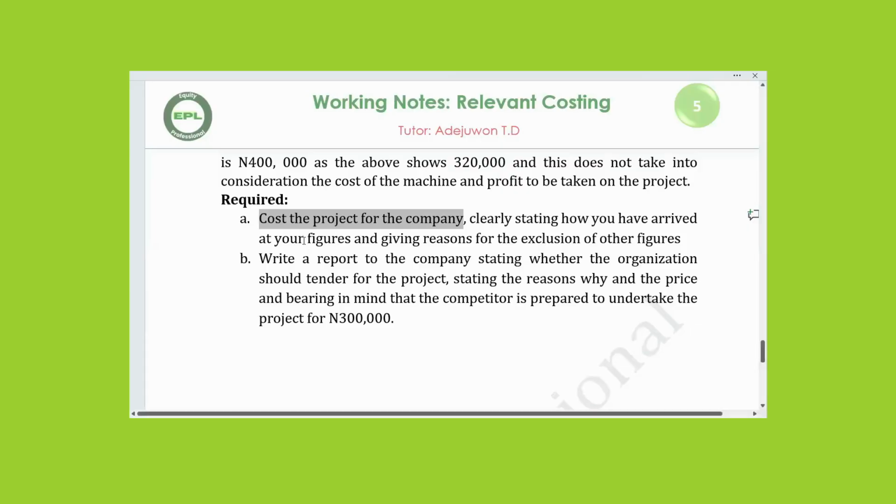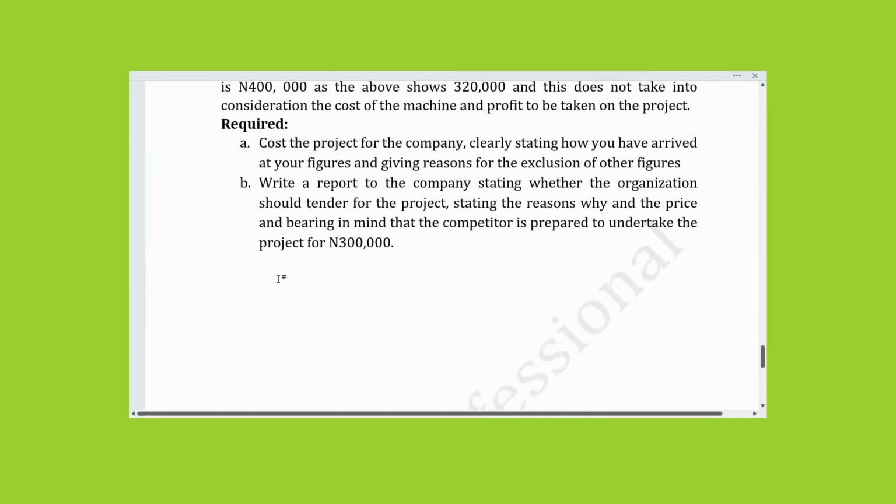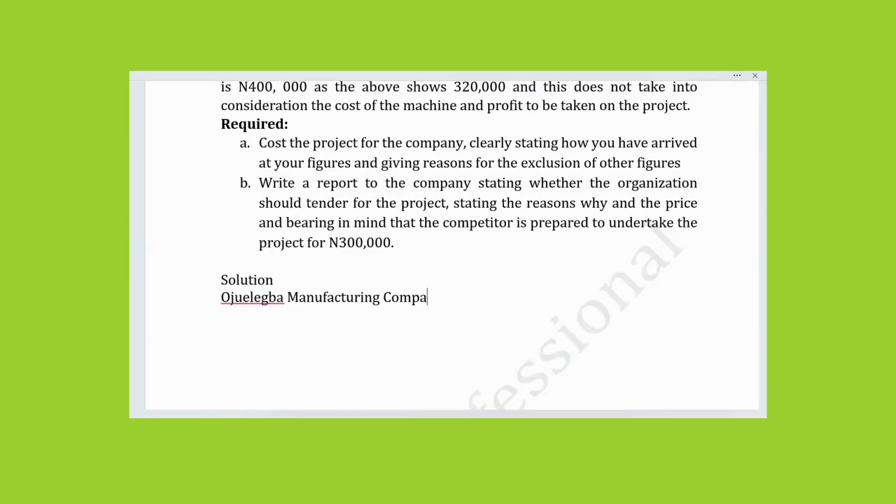So because of time, let's quickly solve this. So I would then say solution. Let's follow through the question together. Solution. The name of this company is Ojuelegba Manufacturing Company Limited. So what are you asked to do? The examiner is asking us to cost the project for the company.